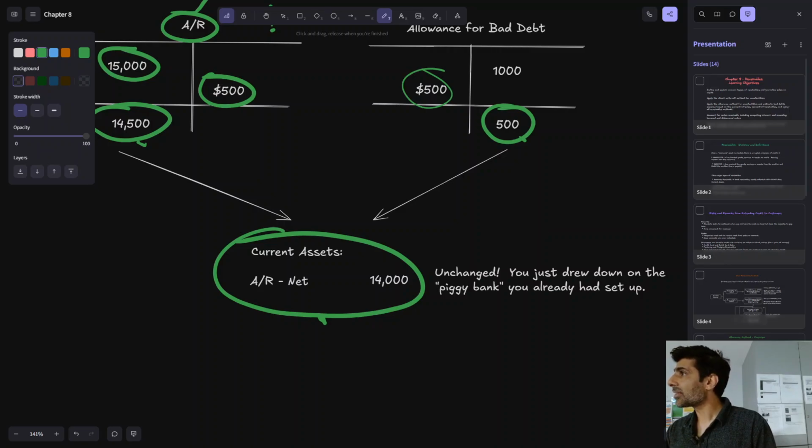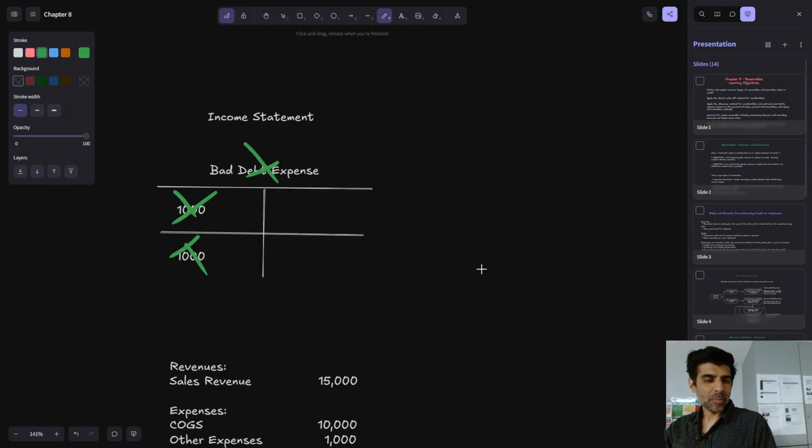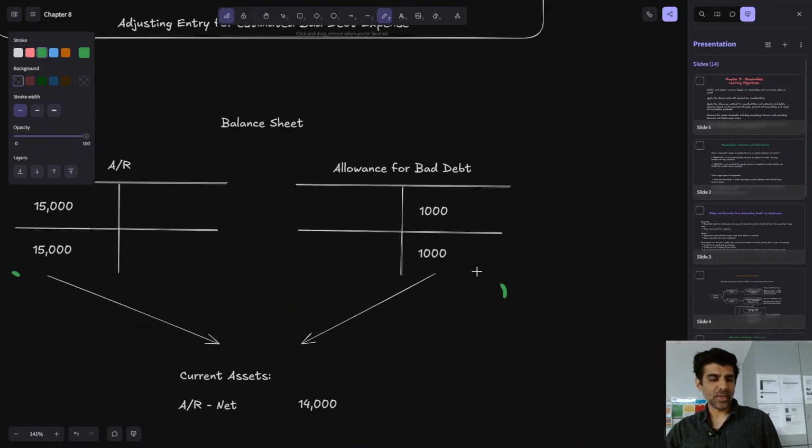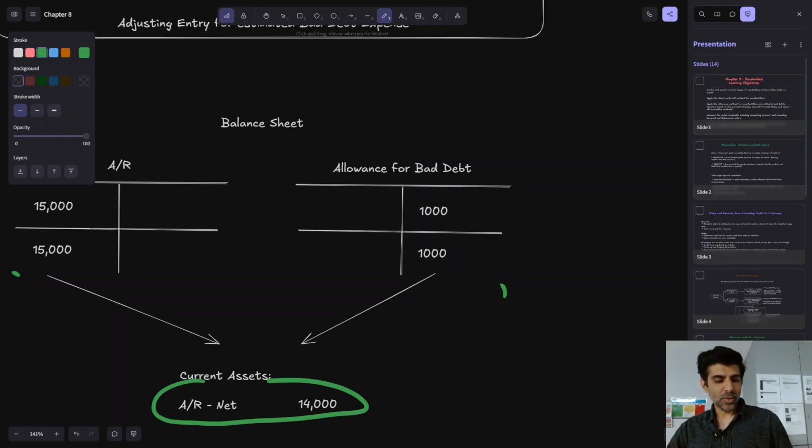Now, does that make sense? What do you think? Anyone think that it makes sense? Yeah, it makes sense, right? Because back at the moment when we took the adjusting entry, we knew that some of this was going to go bad.